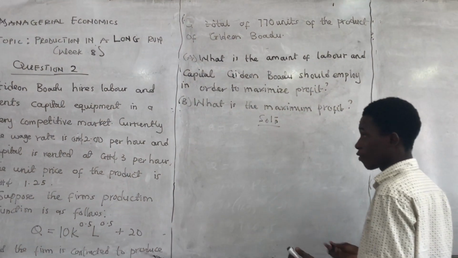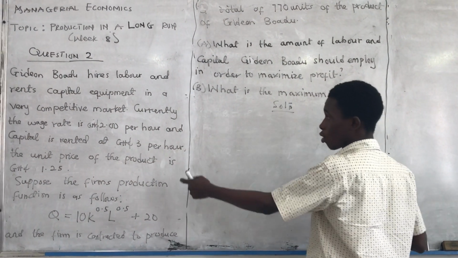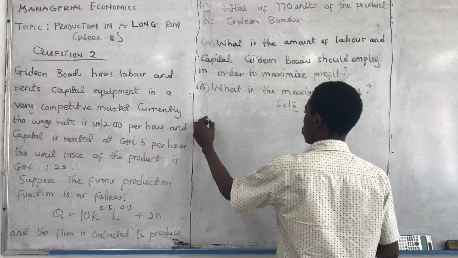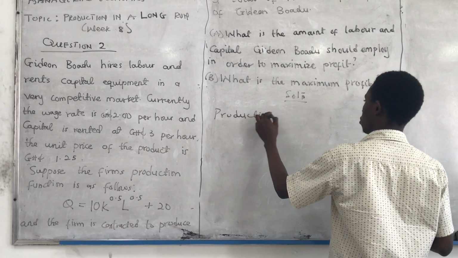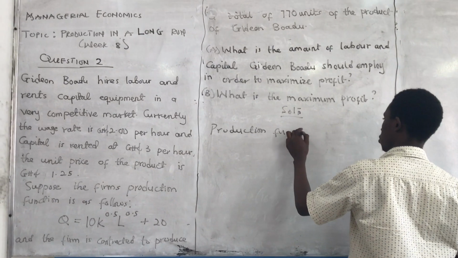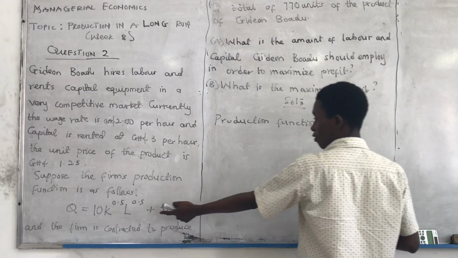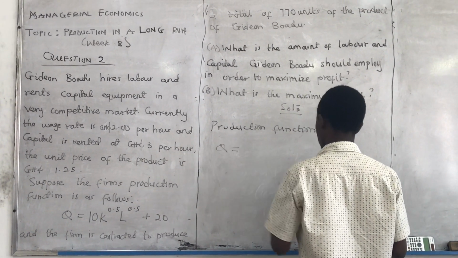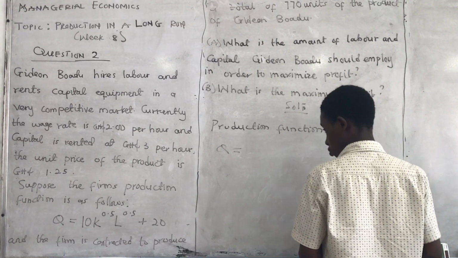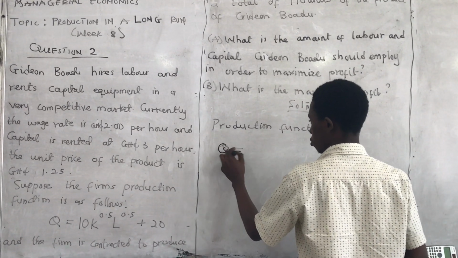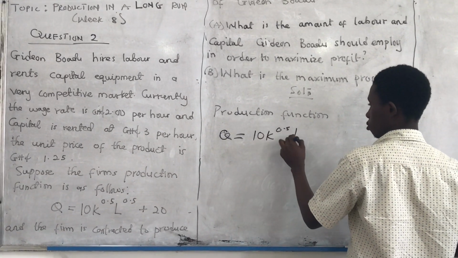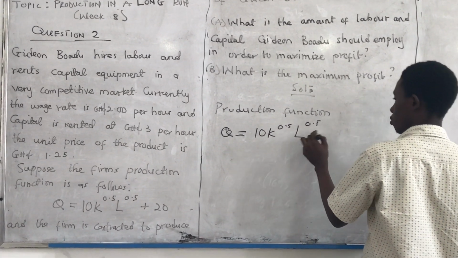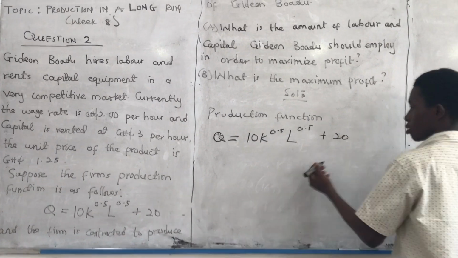So to start, we first write down the information we have been given. So you have the production function, plus 20.